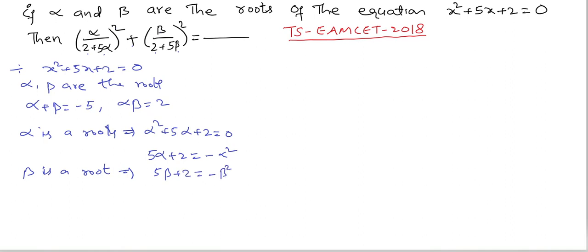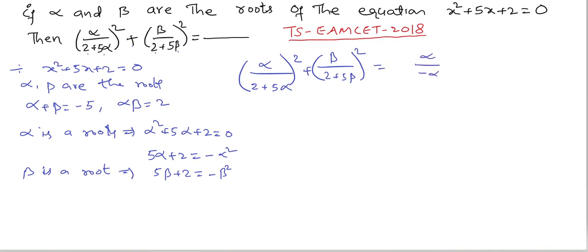Substituting these values in the given problem, it is (alpha/(-alpha²))² + (beta/(-beta²))², where the alpha cancels.